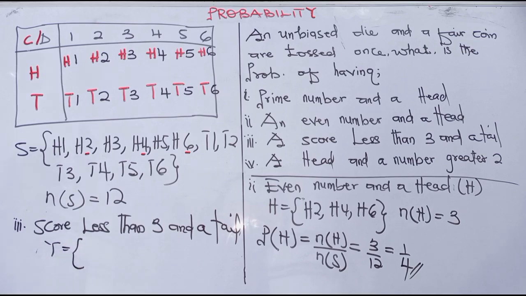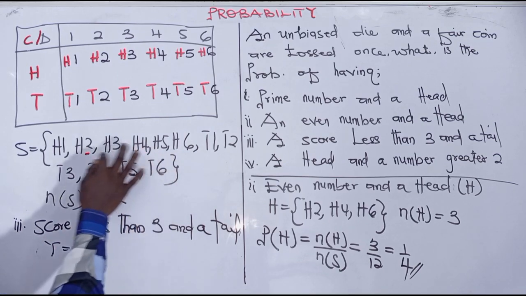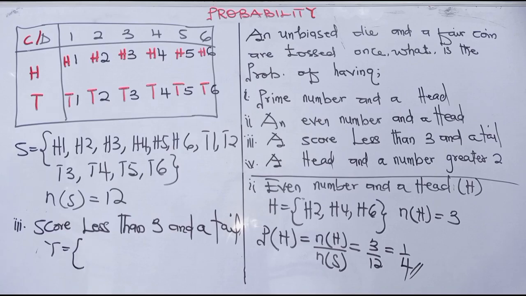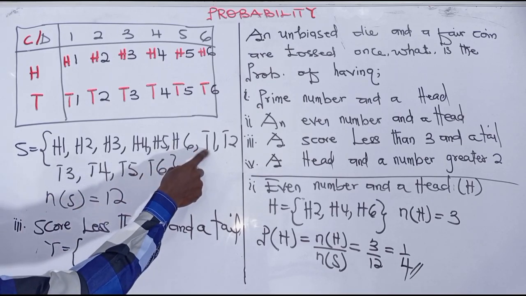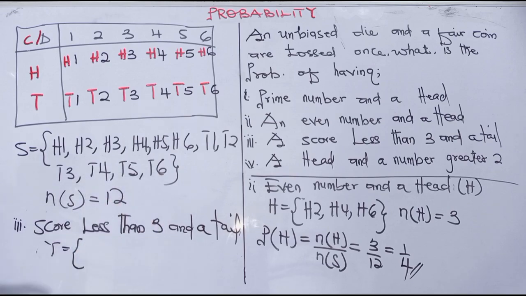So let's look through the sample space. So we have to first look for a tail. So we have T, T, T, T. Then we look for a score which is less than the number 3. So it means we can have 1 and 2. So in looking for a number less than 3 and then tail, it means we are to look for the number 1 and then 2 and then a tail.